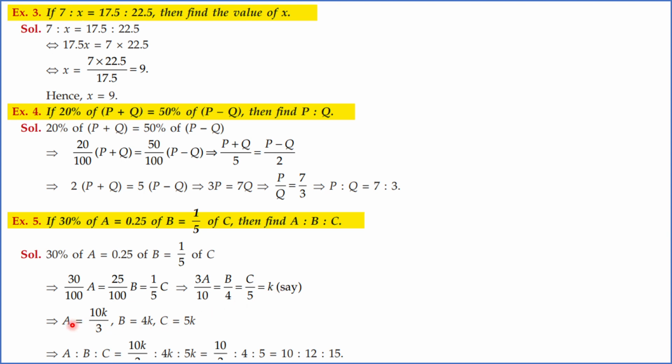Then A equal to 10k by 3, B equal to 4k, C equal to 5k. Then A is to B is to C equal to 10k by 3 is to 4k is to 5k. That equals 10 by 3 is to 4 is to 5. That equals 10 is to 12 is to 15.